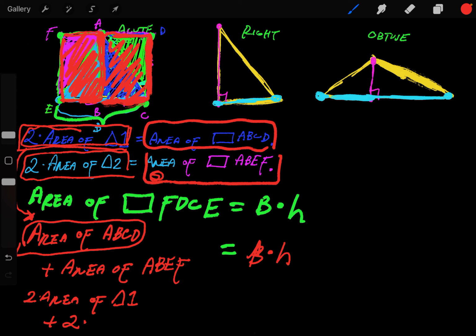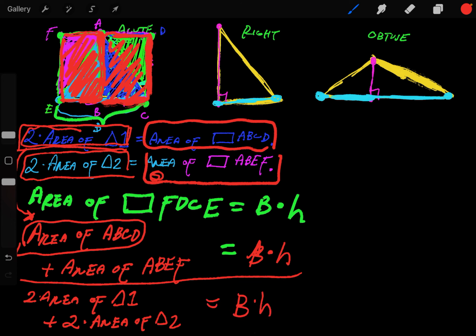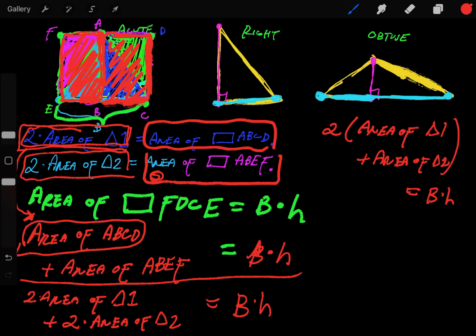So 2 times the area of triangle 2 is equal to base times height. And then there's a 2 in both of these terms. So by algebra, I could factor out that 2 and I get the area of triangle 1 plus the area of triangle 2. And again, this is all equal to base times height.